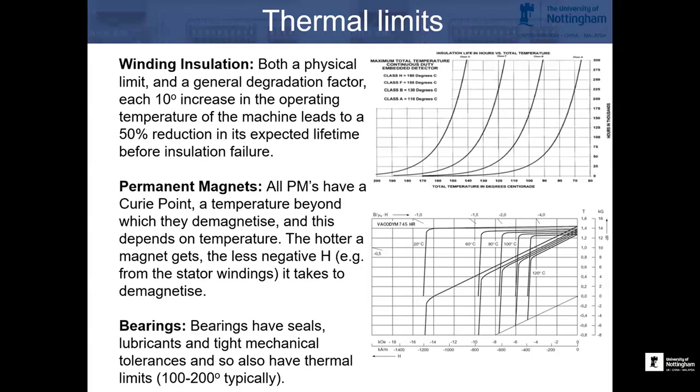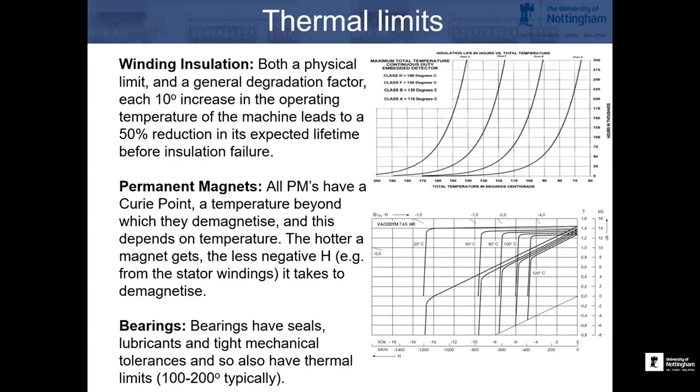We talked about permanent magnet machines, especially around that Curie point, and how good permanent magnet materials have real thermal limits around the kind of temperatures we often operate machines at. And then we talked about bearings, how because these have seals and lubricants, they also have mechanical tolerances that aren't suitable for thermal expansion.